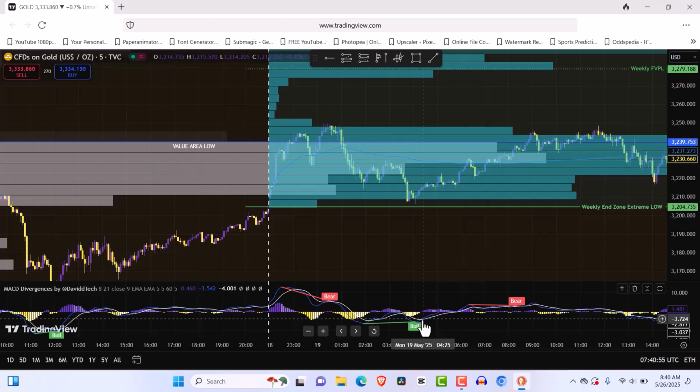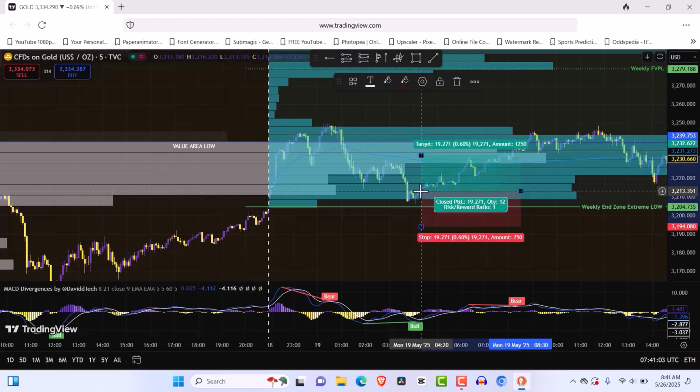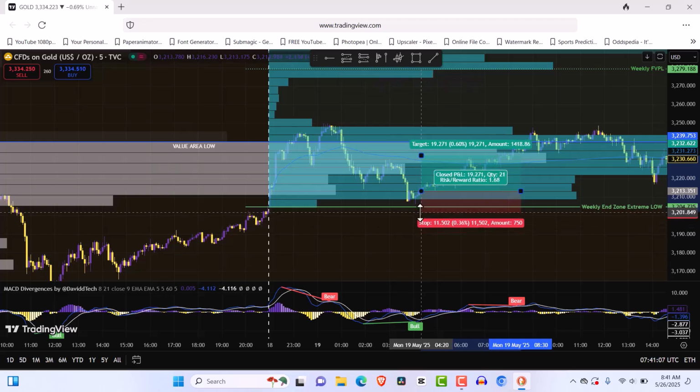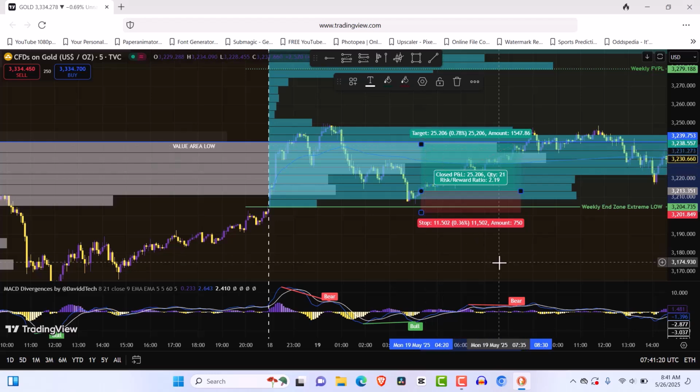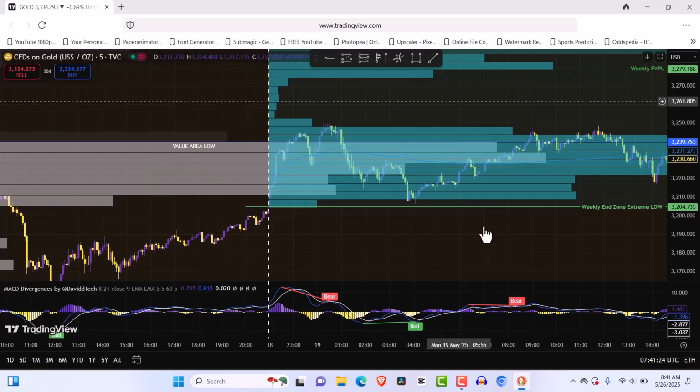Okay, so you'd have taken it back to the value area low. From here, just putting your stop loss below that value area low, that is an extreme low, so you just take it back for a 2-hour trade. That would have been the first trade here. So let me take that out.